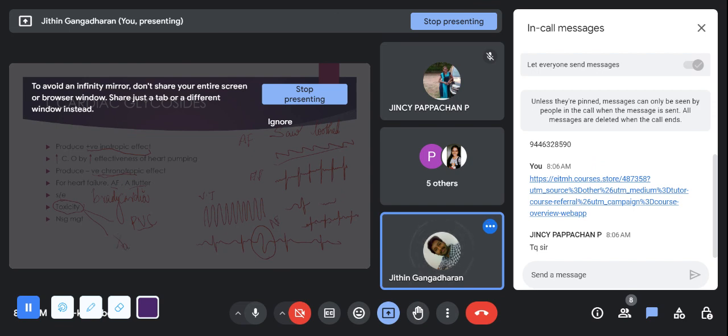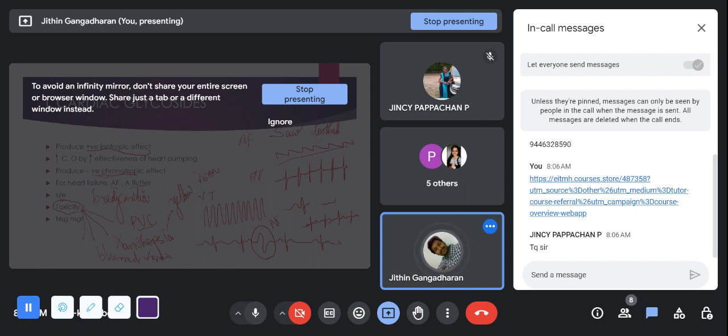Next toxicity: it can cause xanthopsia. Xanthopsia is yellow vision. Then you can also have blurred vision.